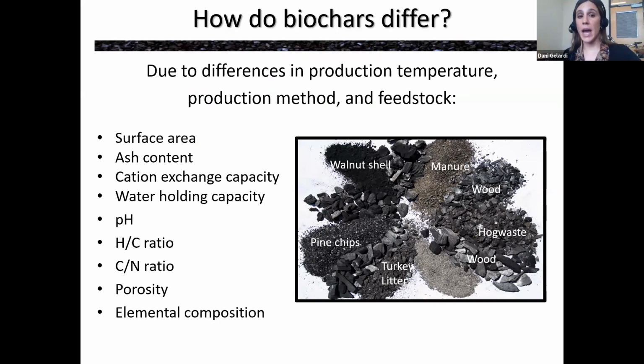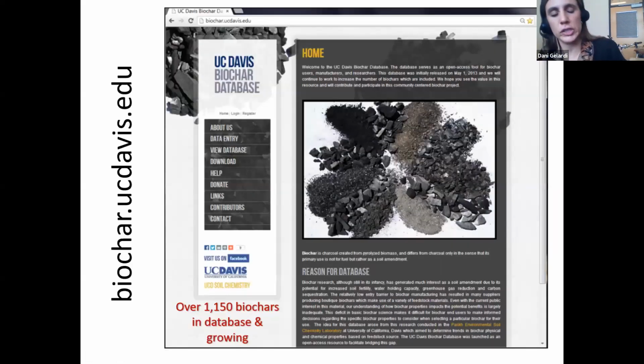We also have a range of cation exchange capacity, water holding capacity, and a number of properties based on those production variables. If anyone is specifically interested in the biochar chemical and physical property component to this, I'd encourage you to go to biochar.ucdavis.edu.